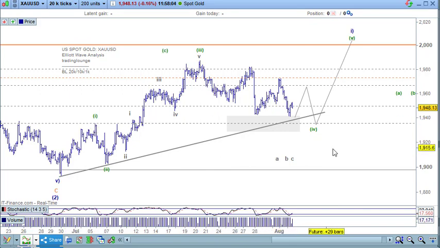A little bit okay, I guess, but this wave 4 here is getting a little bit big for the size of wave 2 here. And because we've got this here as an ABC pattern, then I could put this as an A wave here and a B wave here and a C wave here for that.